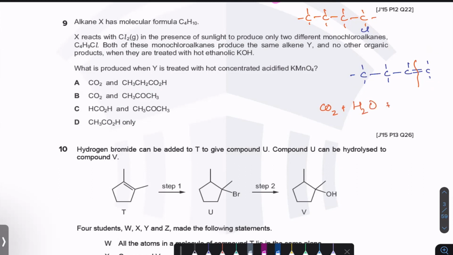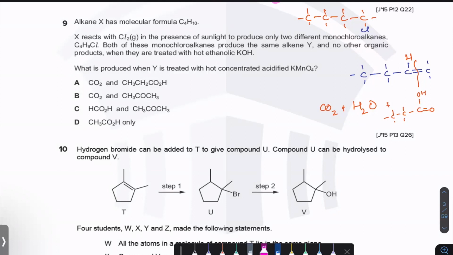And because this other carbon is secondary, it has one hydrogen, that hydrogen will form OH, and this carbon will form a double bond with it. So we will have propanoic acid. So let's see, what is our option?